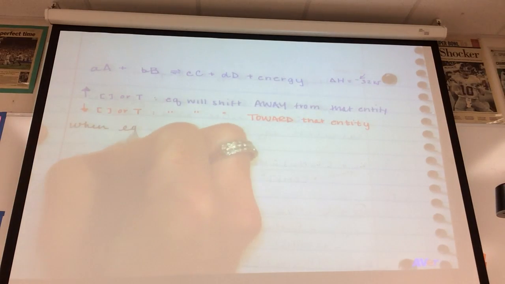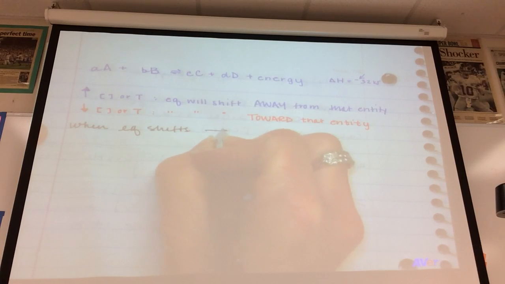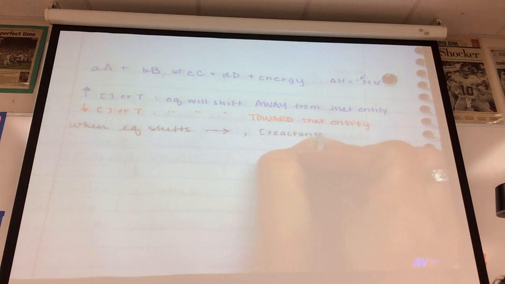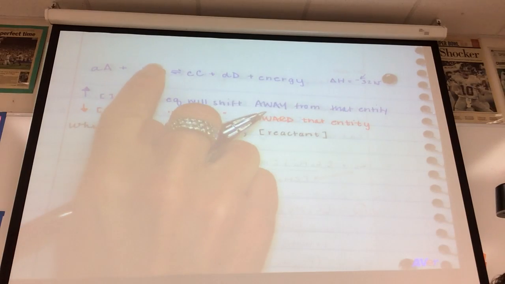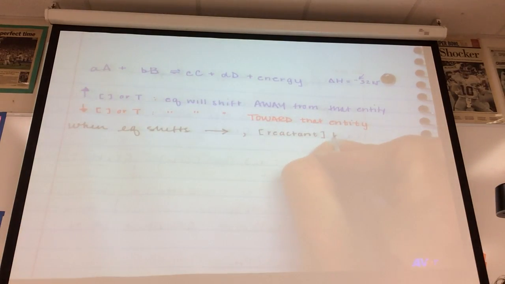When equilibrium shifts in the forward direction, what happens to reactant concentration? It decreases because you're shifting away from it, so they get used. And what happens to product concentration?